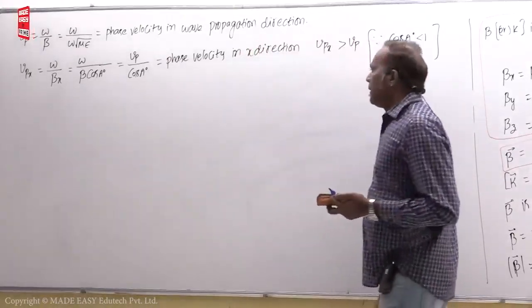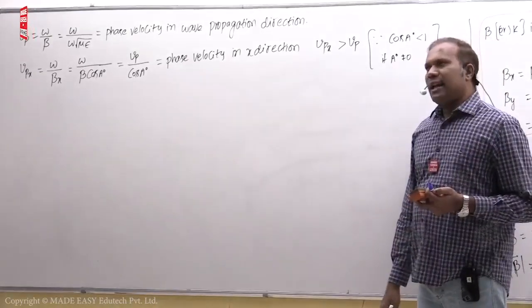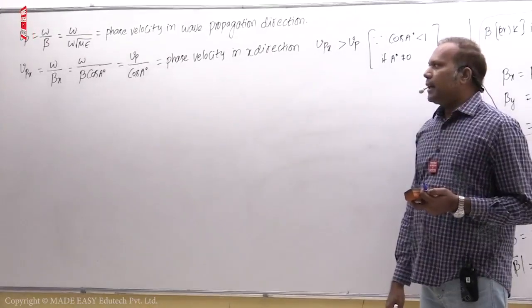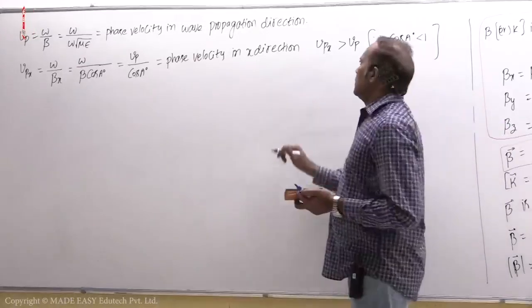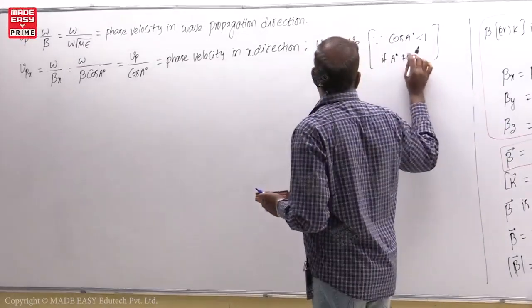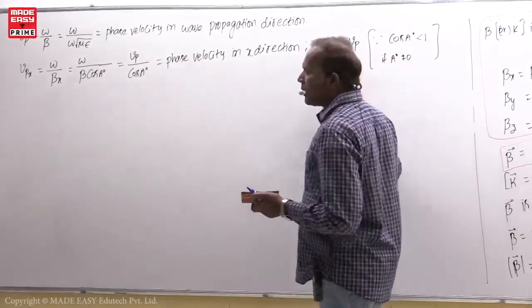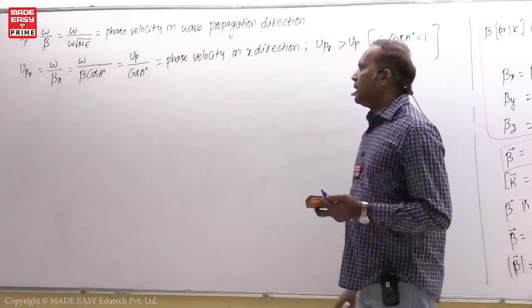This can be given in one statement: the phase velocity in any direction is always greater than the phase velocity in the wave propagation direction. If it makes a 0 angle, then it is 1 and they become equal. But we are assuming that it definitely makes some angle.